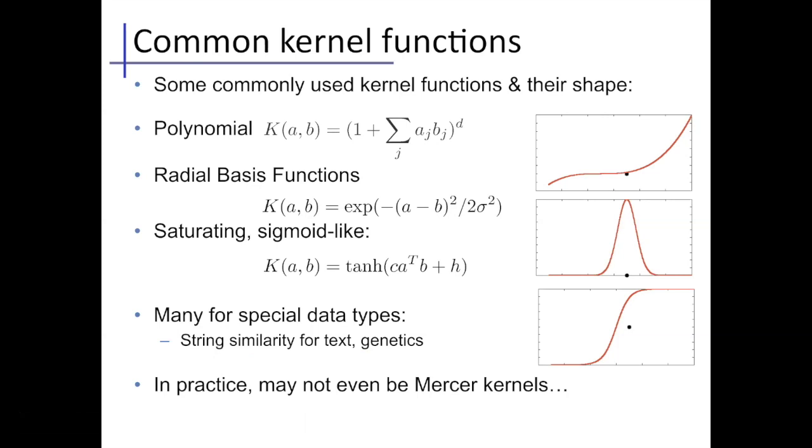How do you measure similarity between two DNA sequences? That would be an alphabet of A, C, G, T. People came up with a similarity measure between two sets of strings, called string kernels, and you can use it for classification problems. That's very widely used as well. They may not be Mercer kernels, but it doesn't really matter that much.